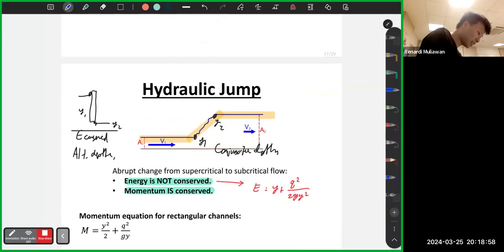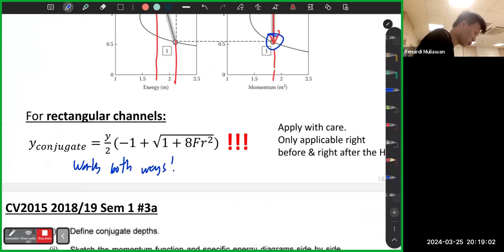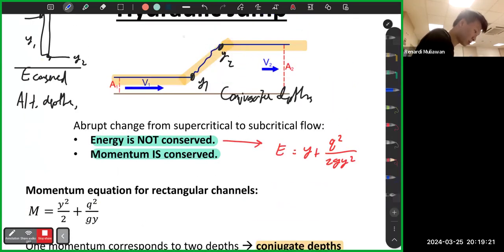It's basically saying if you know y2 and you plug it into this equation, y2/2 times minus 1 plus Fr2, you will get y1. If you plug in y1, y1/2 with Fr1, you get y2. So it's very convenient. Just plug in one of them, you get the other one. So it works both ways. You can try.